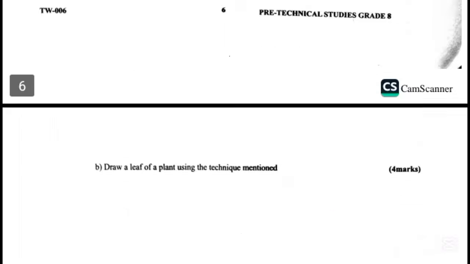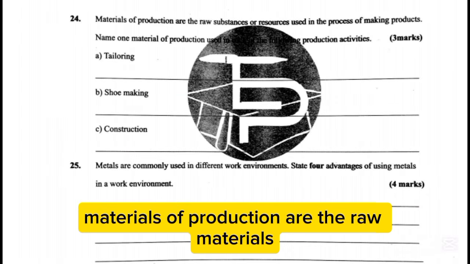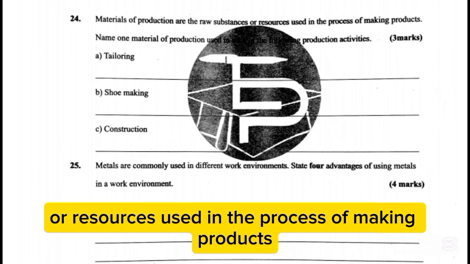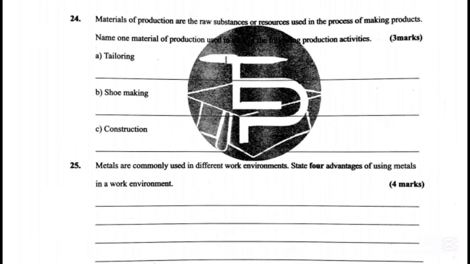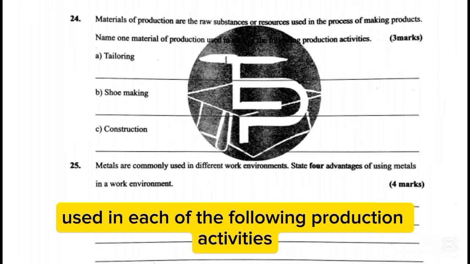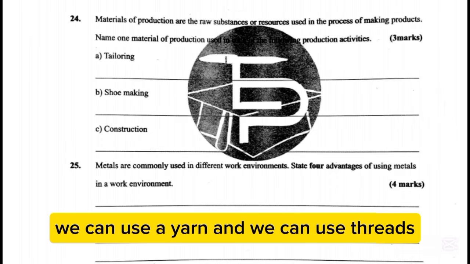For question number 24, materials of production are the raw substances or resources used in the process of making products. Name one material of production used in each of the following production activities. There we have tailoring. For tailoring, we can use fabric, yarn, and threads.